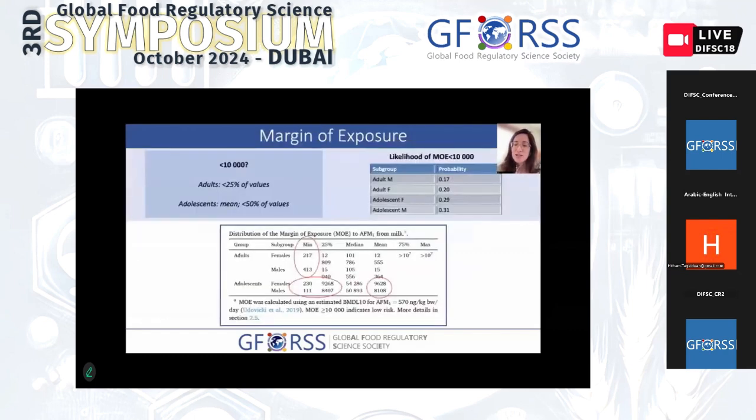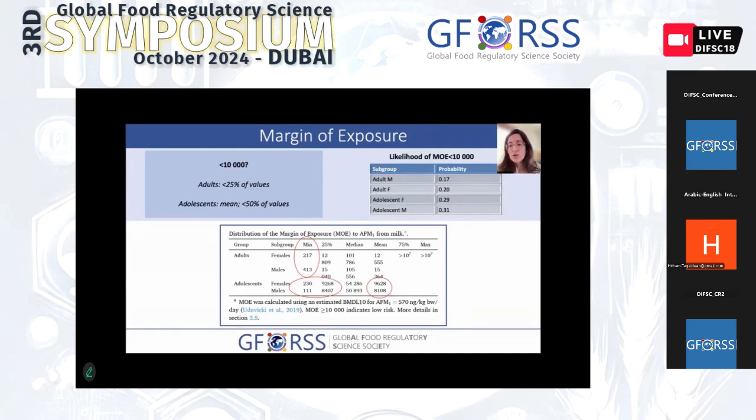So to answer this question, we'll use another approach to characterize risk, which is the MOE, the margin of exposure, which is the ratio between a low-risk benchmark dose of the hazard from toxicological studies and the estimated exposures. I see it's not on the slide, but it's just a simple division: this benchmark dose from toxicological studies divided by the estimated exposure.